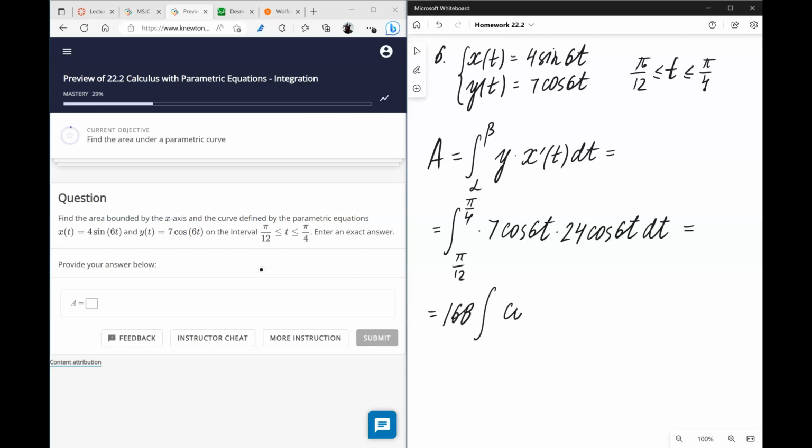So we have 168 of cosine squared 6t dt. So we're going to use the power-reducing identity here. Cosine squared theta in general can be written as 1 plus cosine of 2 theta over 2.